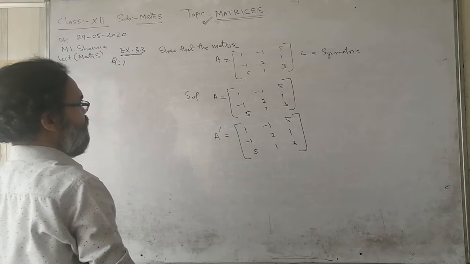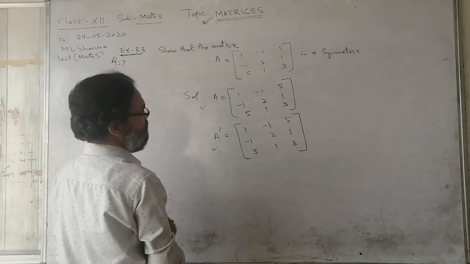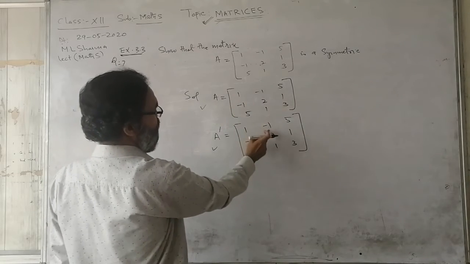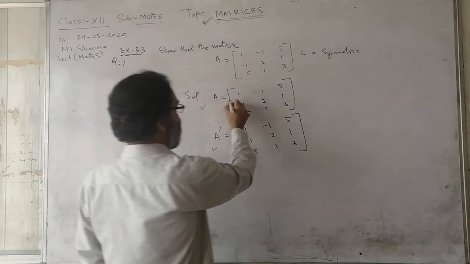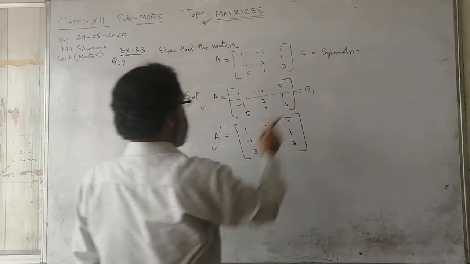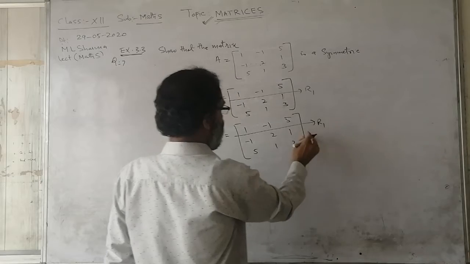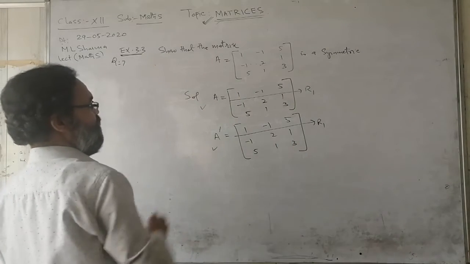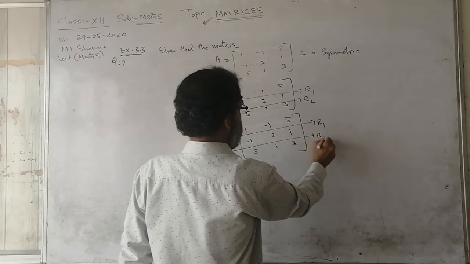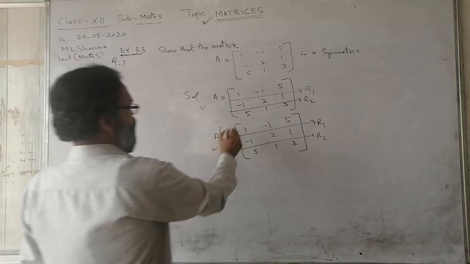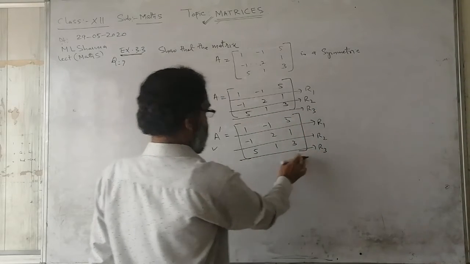So if we look at A and A transpose, they are identical. Elements are same. In row 1 here, elements are 1, minus 1, 5. Here in row 1 of transpose, elements are same. Here again in R2 and here in R2 they are identical, and in R3, here in R3 they are the same.